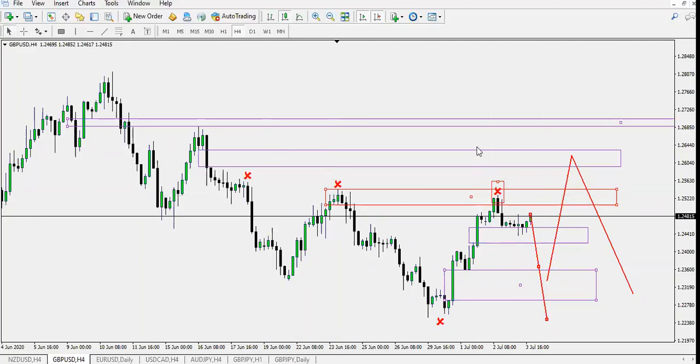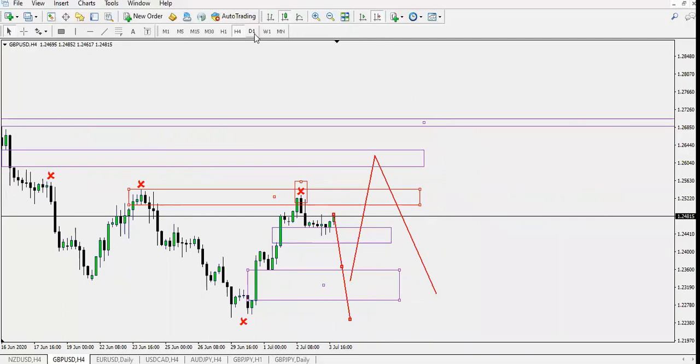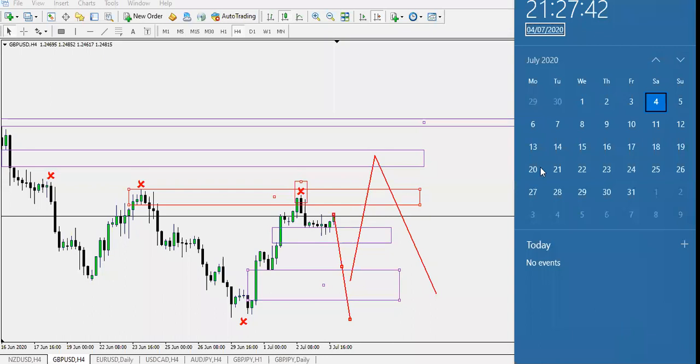Okay. But there is another factor in the market that we have not factored in, and that is the fact that we are now in July. July marks the third quarter of the year. So from the perspective of the institutions, the third quarter brings in new money from investors or banks or governments or corporations.